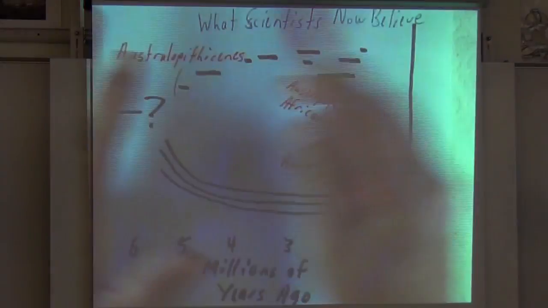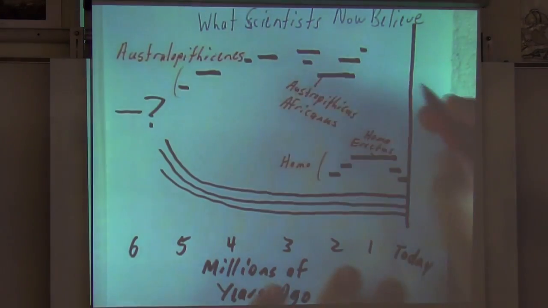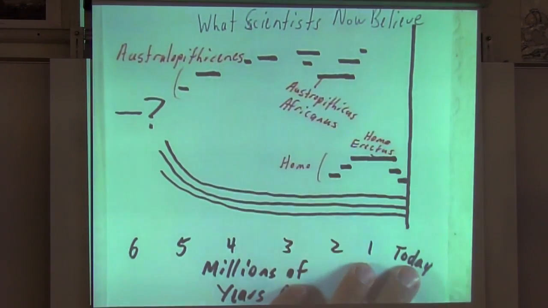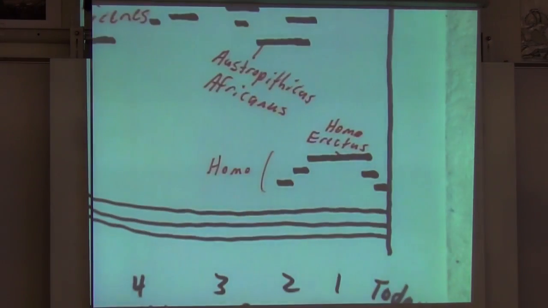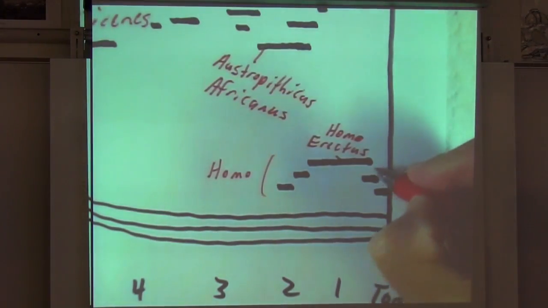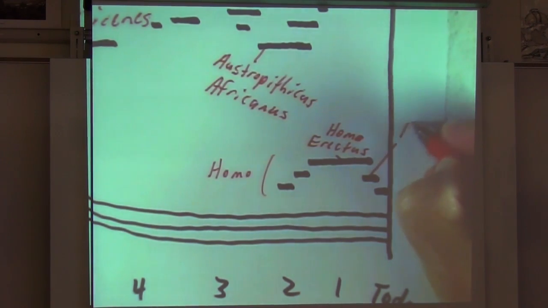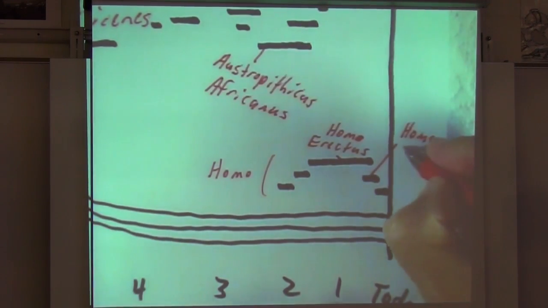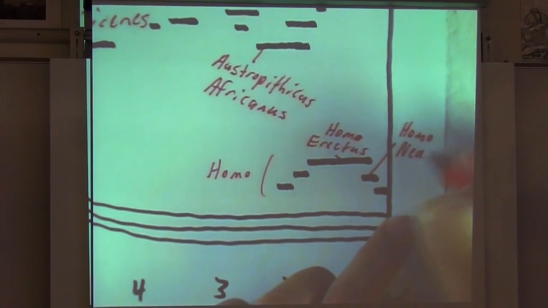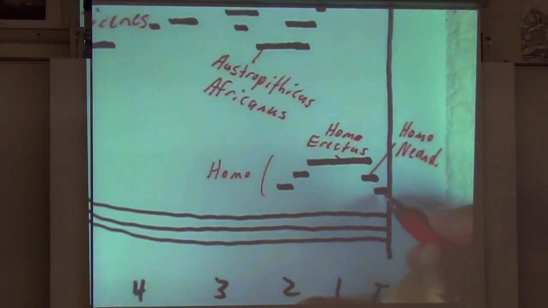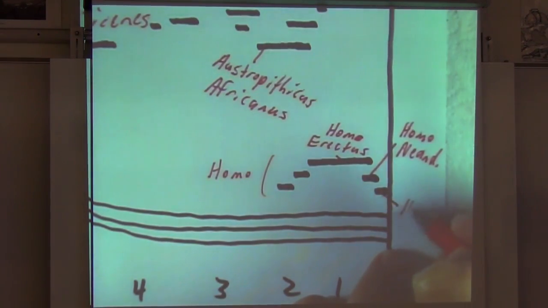All right, and each one of these has its own set. Now here's what we see as we get to the very end, and this is my whole point: this one right here is Homo Neanderthal, and then this one right here is Homo sapien.